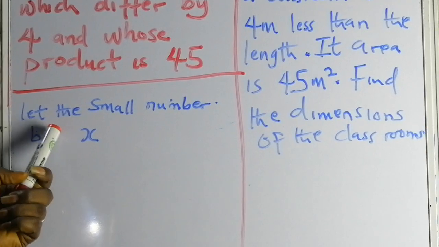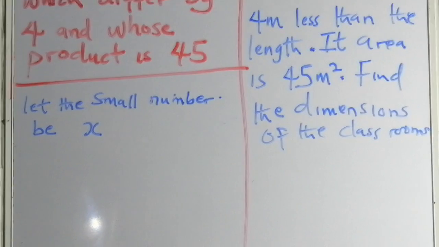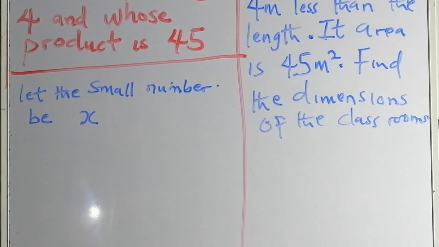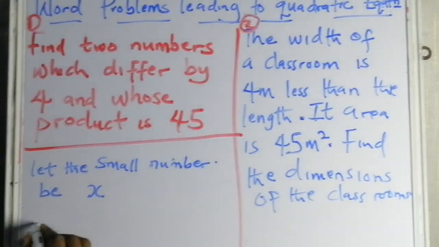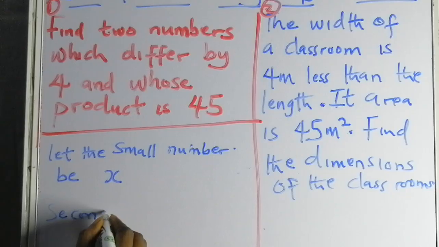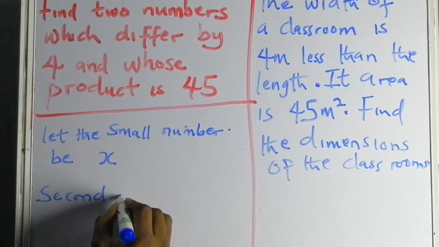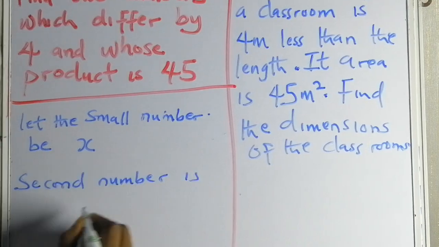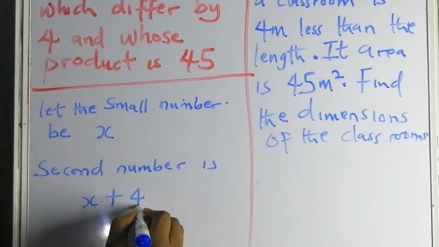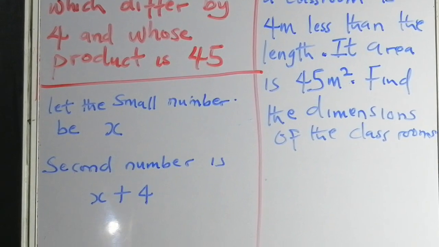But in this case, you are making the smaller number x, which is the first number. Then the second number, which is higher, is x plus 4. Very simple.